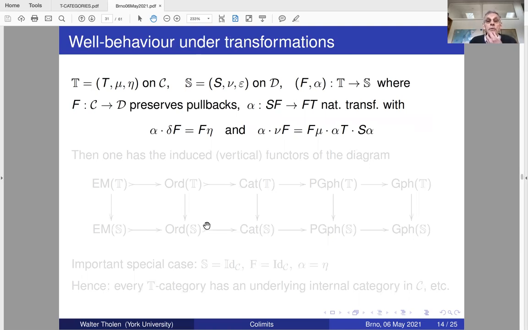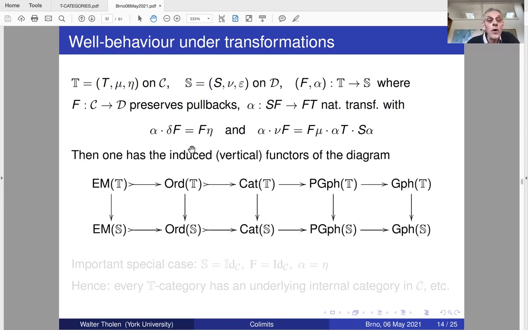So the only routine thing that I wanted to add here is that Cat T, or T-Cat, and so on behave well if you change the parameter T. So if you have two monads on categories C and D respectively, both with pullbacks, and if the functor part of a monad morphism from T to S, where I let the functor part dominate the direction of the arrow, preserves the pullback, and the transformation, of course, is compatible with the monad structure, then you get a network of arrows from the top to the bottom row.